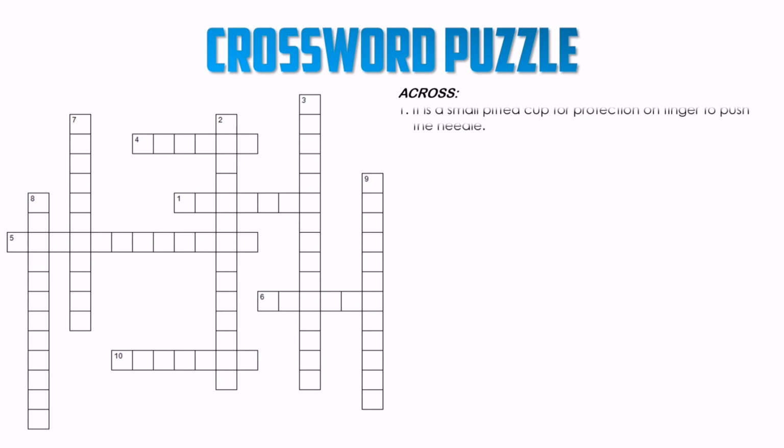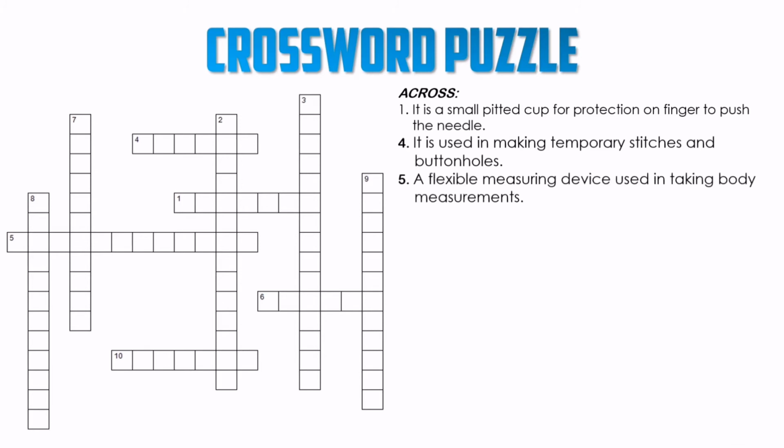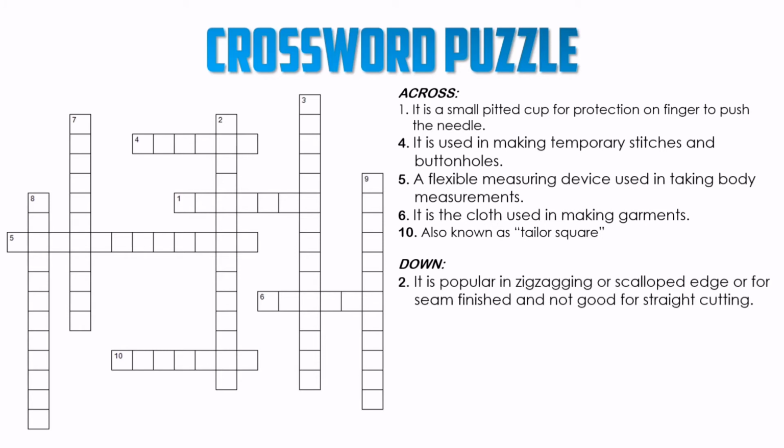For number 1 across, it is a small pitted cup for protection on the finger to push the needle. Okay, what is the answer? Next, for number 4 across, it is used in making temporary stitches and buttonholes.